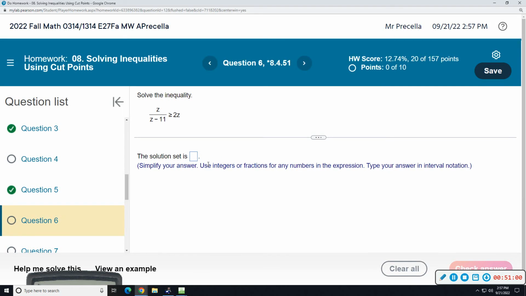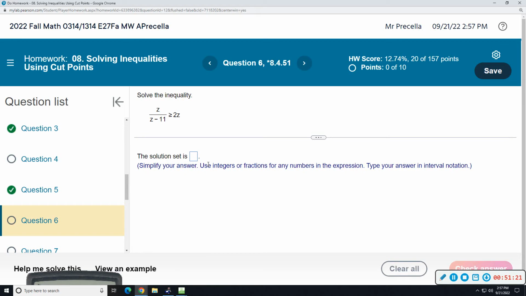Number 6. Hey, right now you can tell, will there be any denominator cut points? What do you think? Yes. Why? Well, there's a fraction. So problem number 6. Oh, it's a z.